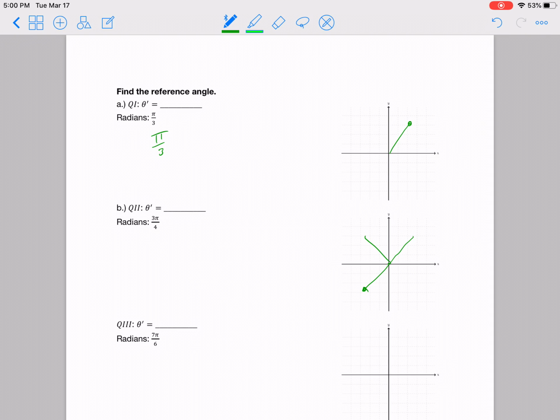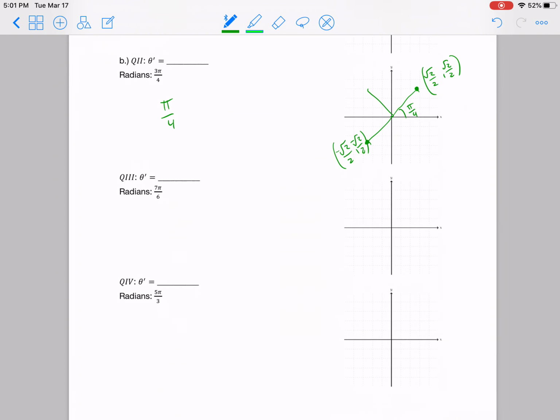This has those coordinates, and I kind of already did the reference angle as I counted it out, but essentially I'm looking at square root of 2 over 2, square root of 2 over 2, and negatives for both of them. When I make that positive, that gives me square root of 2 over 2, square root of 2 over 2 for these coordinates, and that goes along with the angle pi over 4. So the reference angle here is pi over 4.